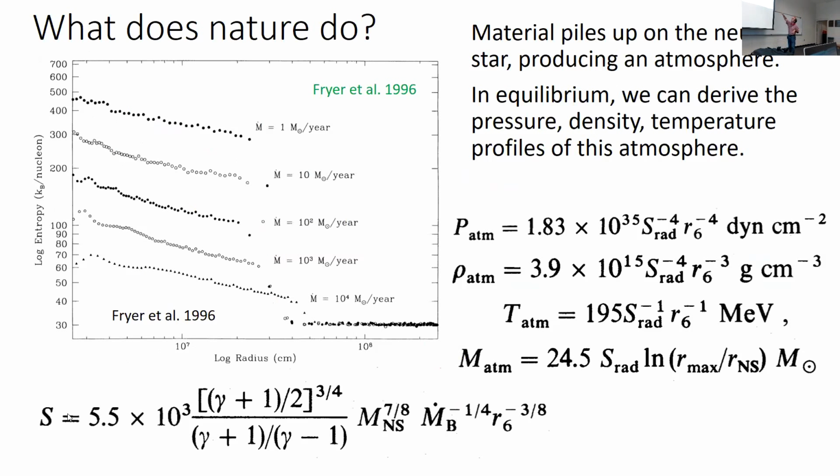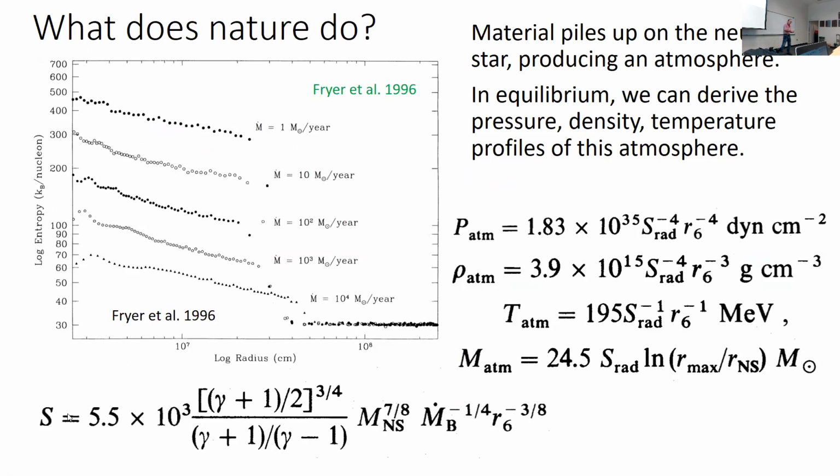This was derived by Stirling Colgate, Mark Arnett and Willy Benz, and it was done before. This is a simple equilibrium atmosphere. So you know what the pressure, the density, the temperature of this atmosphere is for any kind of reasonable entropy. And the entropies that you can imagine getting at best are things like this: a typical star is around 10 to 50 Boltzmann constant per nucleon, just to give you a number of what is reasonable.